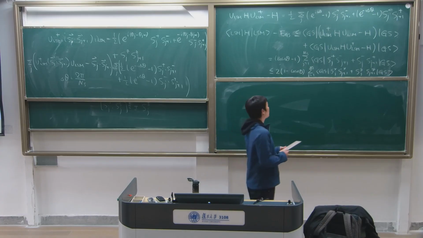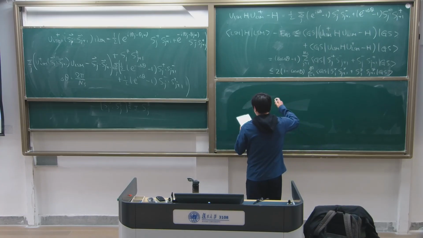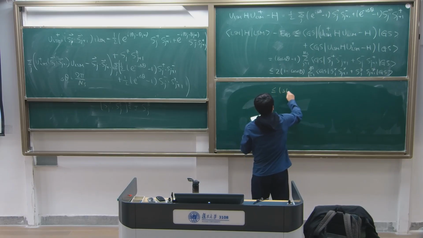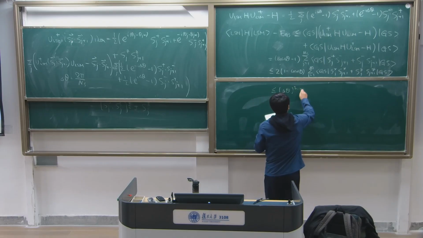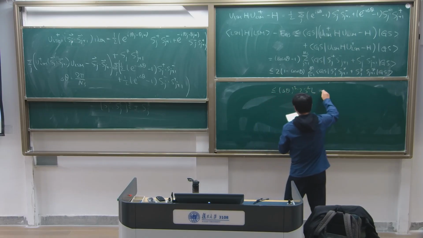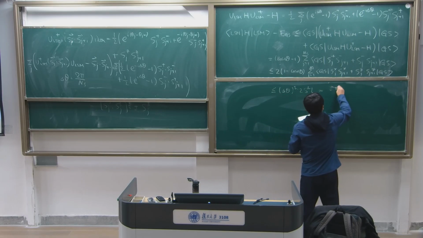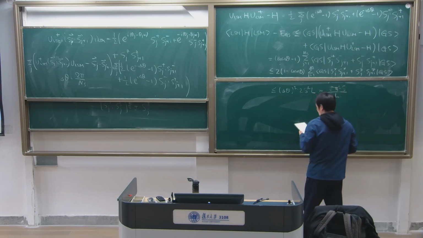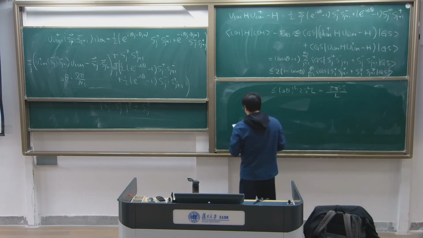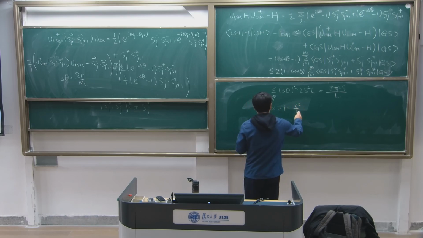And if you assume this one, it is less than delta theta squared and 2 S squared L, which is equal to 8 pi squared S divided by L. Where I used the inequality cos x is greater than 1 minus x squared divided by 2.